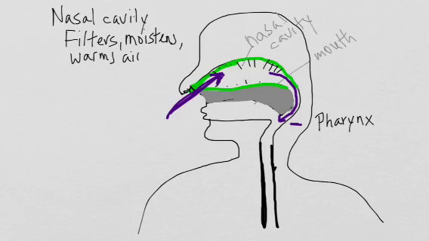So if we assume that the epiglottis is right about here, and that it's open, the air is going to pass through, and then the next place it hits is your vocal box, or your vocal cords, also known as your larynx.